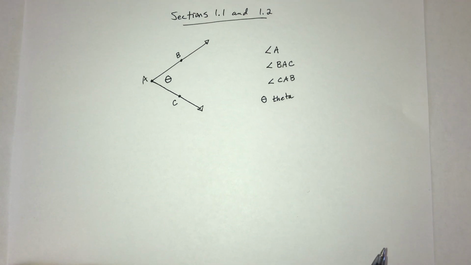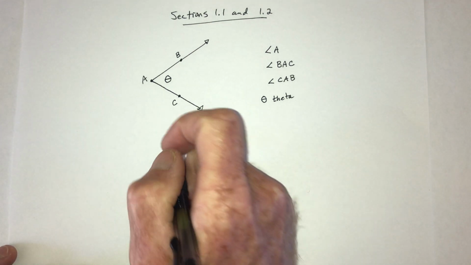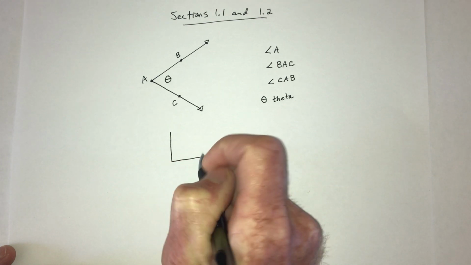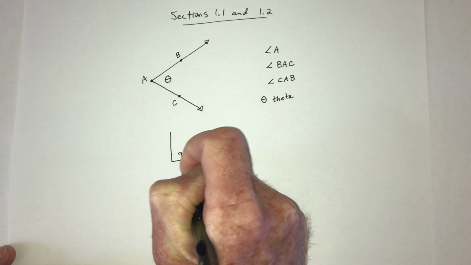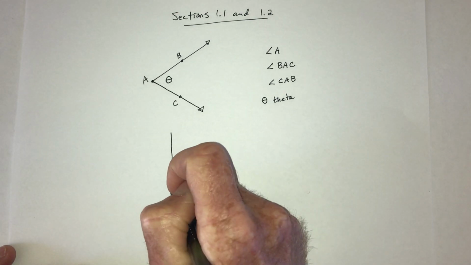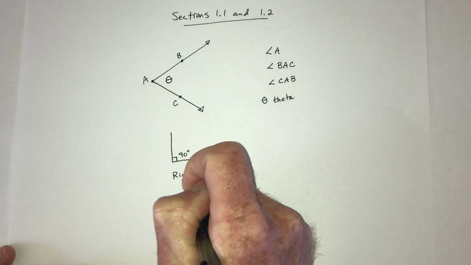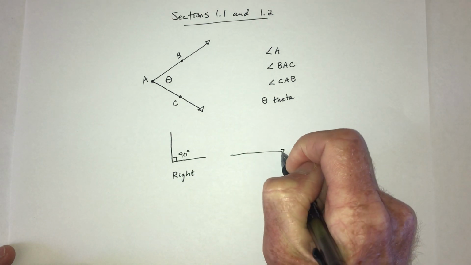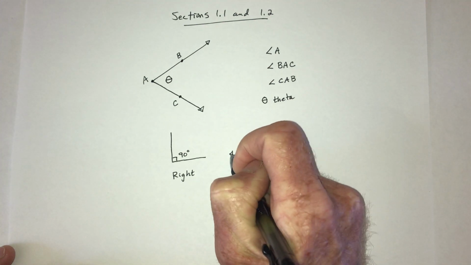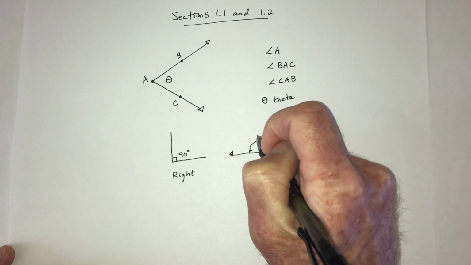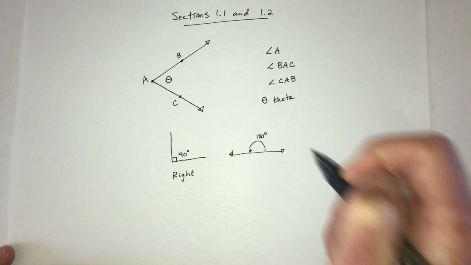So here's some special angles. One is, if two things are perpendicular, then this would be 90 degrees, or you could just put a little square right here at the bottom, and then that is a right angle. If the angle goes straight across, then when you measure this, that would be 180 degrees.